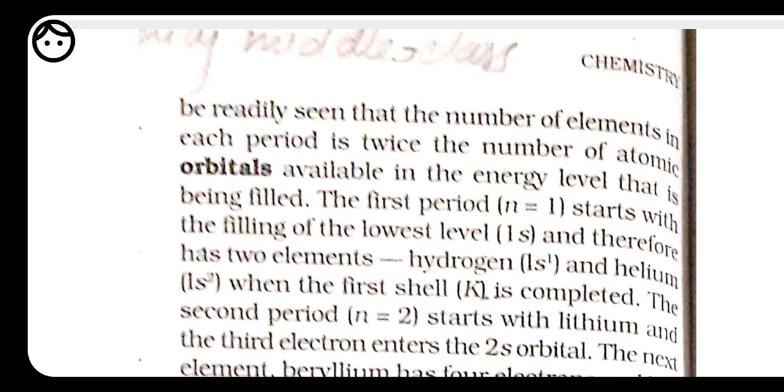For 3s we have only one orbital, for 3p we have 3 orbitals, and for d we have 5. 5 plus 3 is 8, plus 1 is 9. So in total we have 9 orbitals, and each orbital accommodates 2 electrons. It means a total of 18 electrons can be accommodated here. Note that the 3d orbital has higher energy than the 4s orbital.